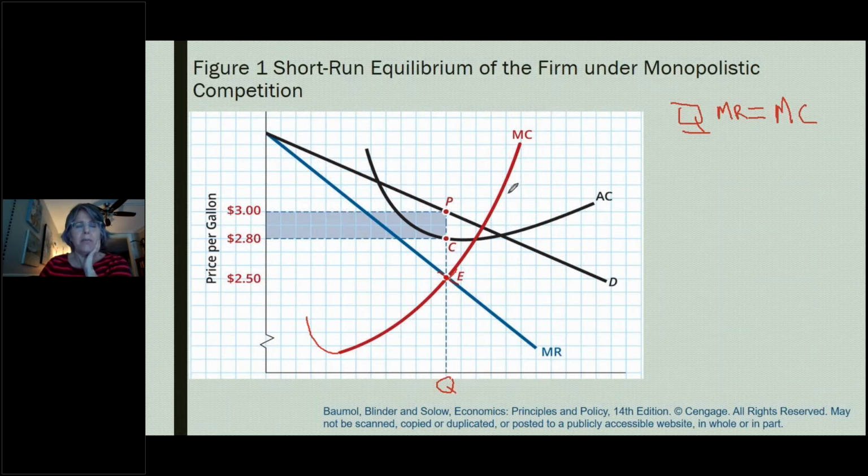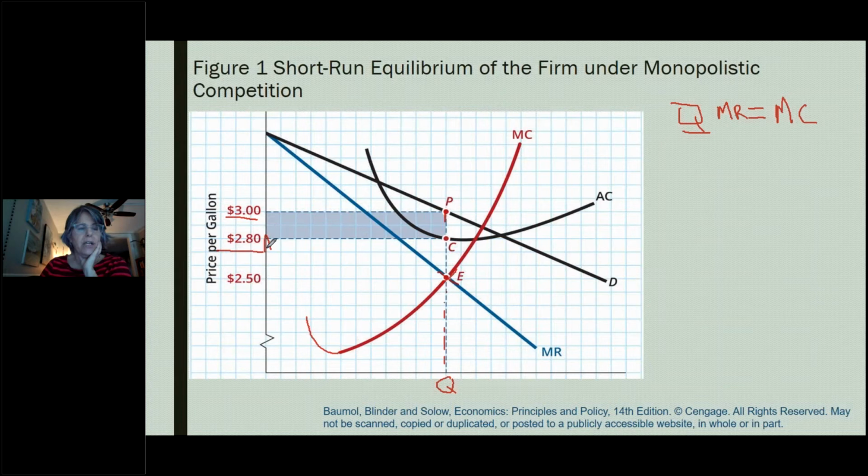The way that we determine the price that we're going to charge is we travel up this curve. It's not straight over like it was in perfect competition, that 250. You're going to keep going up, and you're going to see where it hits the demand curve. Where it hits the demand curve is $3. Now, if you also travel up the same dotted line, where it hits the average cost curve is here. I always wish that they labeled them.